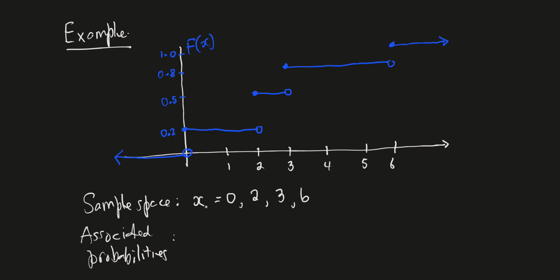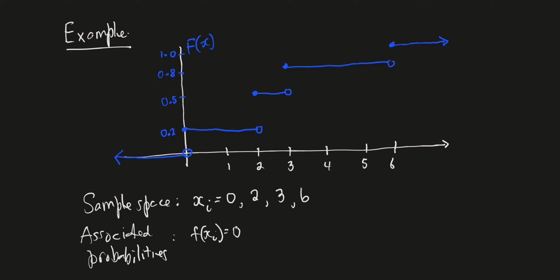So let's call these the xi's, and then this will be f of xi. And then here are the associated probabilities. Let's write it like this. And then what I'll do is have them correspond, and then over here on the right, I'll set it up in a formal table, right? So the jump at x equals 0 is of a height of 0.2.